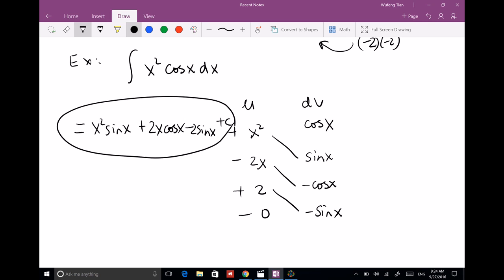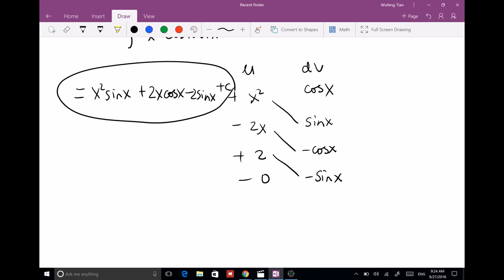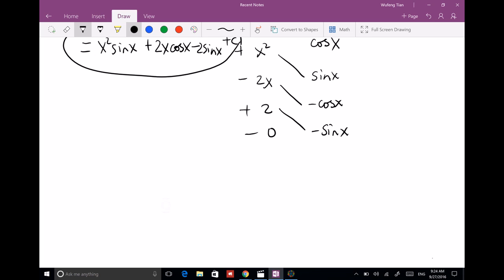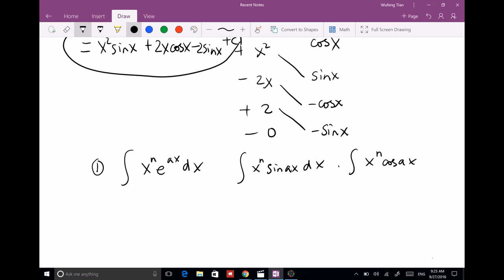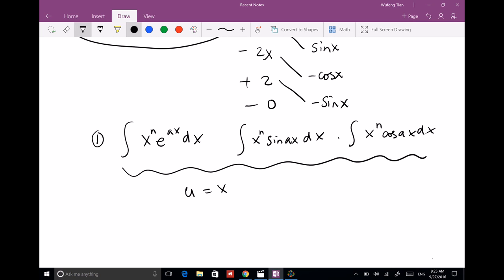Okay. This is one type of question. As a summary, whenever you have the form x to the n times e to the ax dx, or x to the n sine ax dx, or x to the n cosine ax dx, you always let u equal x to the n, and dv equal the other one, e to the ax, or sine ax, or cosine ax.